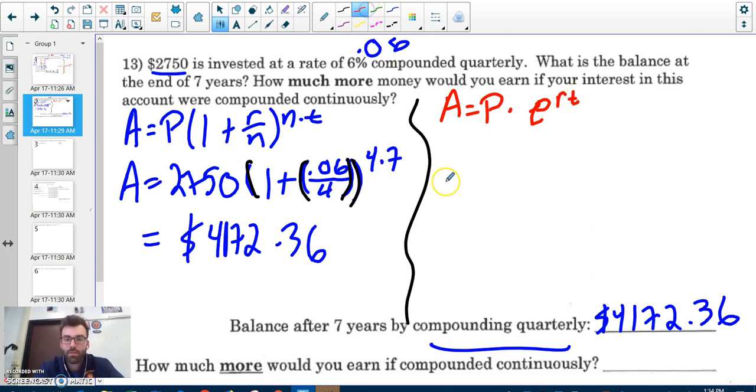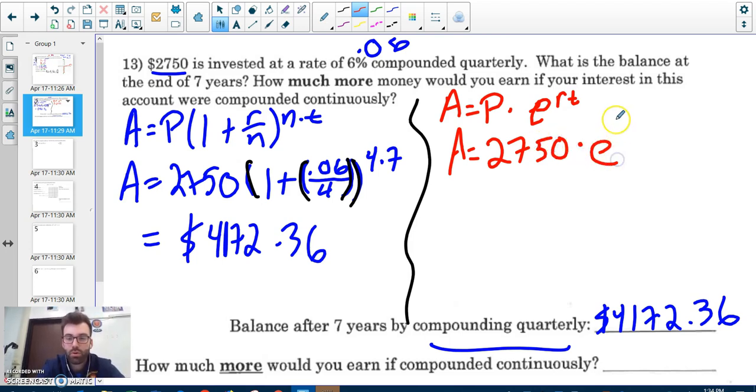Well, what's our investment? So A equals our principal. Our initial investment was $27.50. The e stays e, always. R, our rate, was 0.06 times t, which was 7.